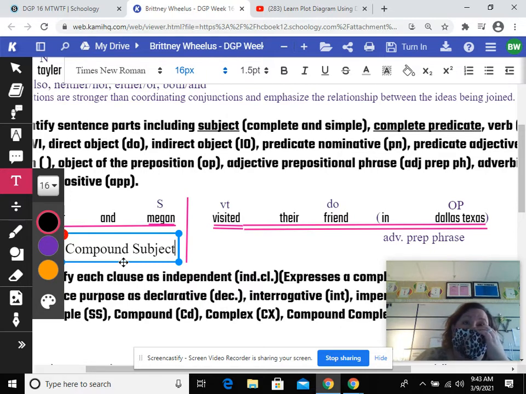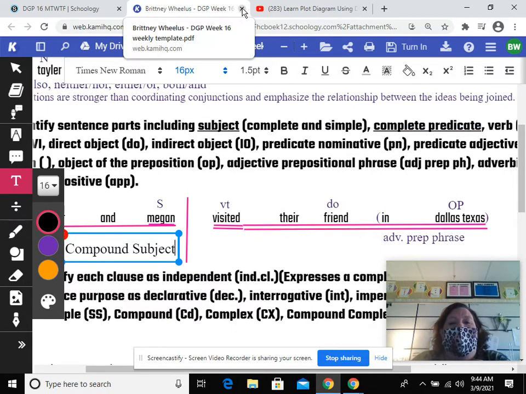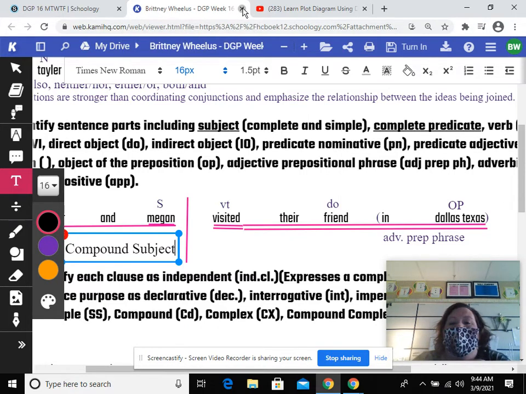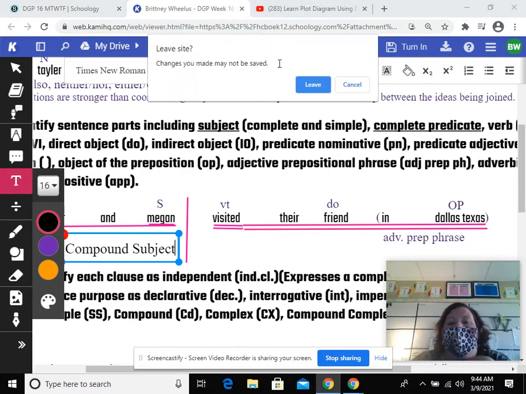Now, when you finish this part, you can go ahead and hit turn in, or if you want to wait until Thursday and submit it then, that's fine as well.